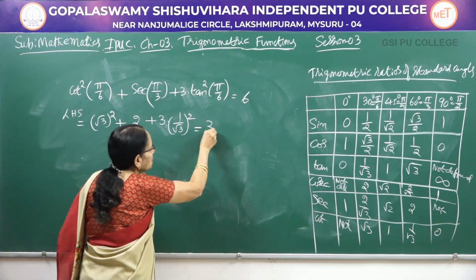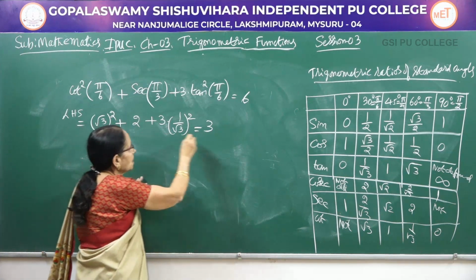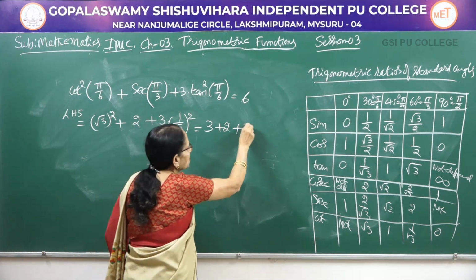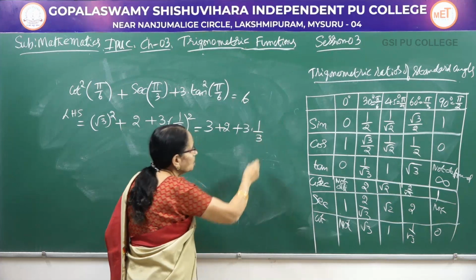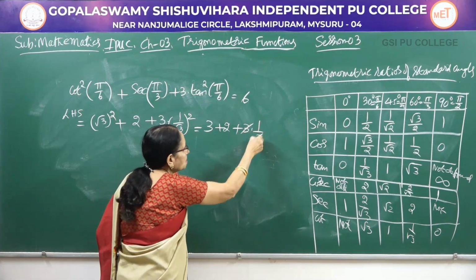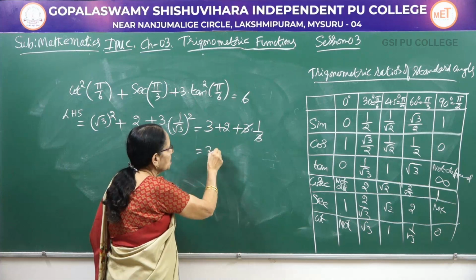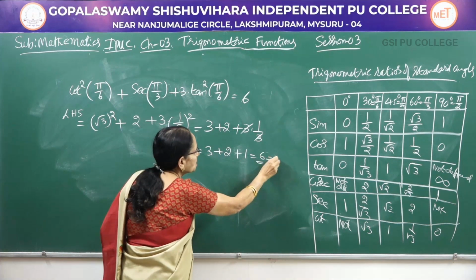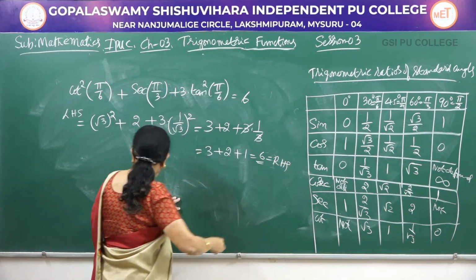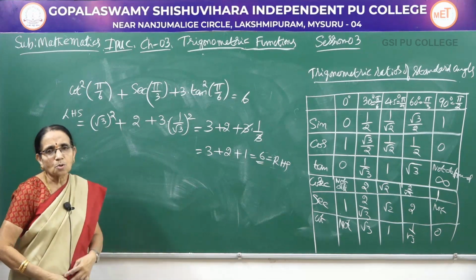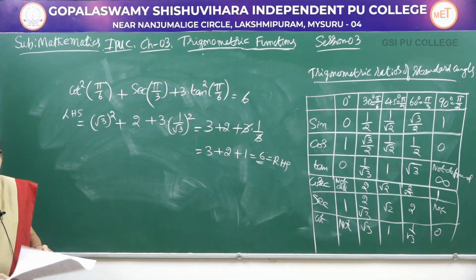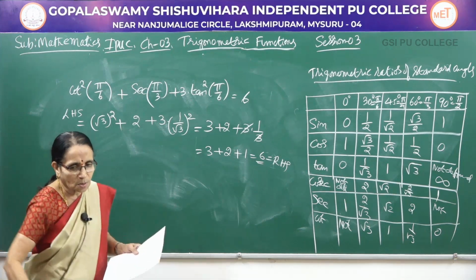Root 3 whole square means 3, plus 2, and here 3 into 1 by 3. 3 and 3 are cancelled. So 3 plus 2 plus 1, hence it is equal to 6, which is the right hand side. So this is how we have to solve the problem. And one more problem and I am concluding this session.